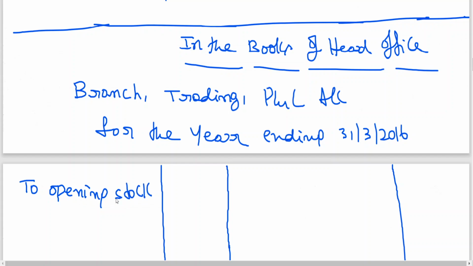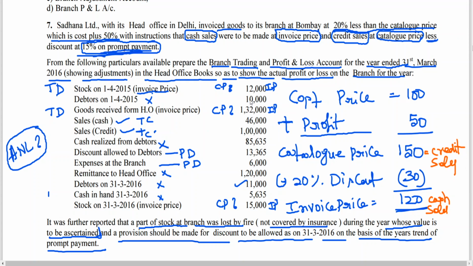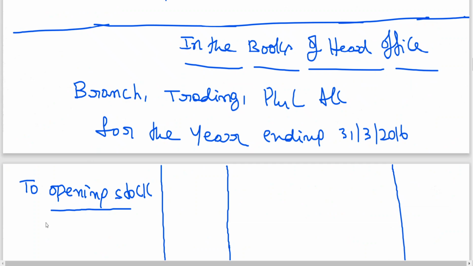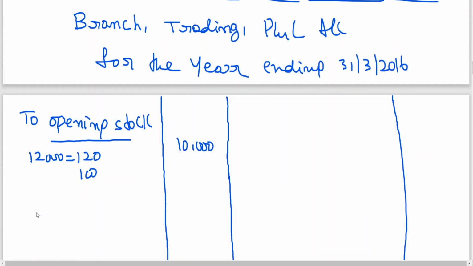Since we are writing trading account, we can write opening stock. If it is branch stock, you should write to balance brought down, to opening stock. 12,000 is equal to how much percentage? 120%. So therefore 100% how much? Clear to all of you? What is opening stock? 10,000.